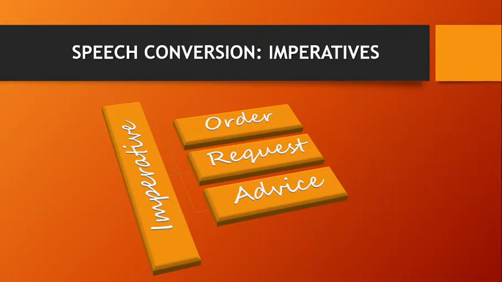Now, when we are in this part, remember the most important part in speech conversion is the reporting verb. Now, we are using a reporting verb in the direct speech. When we are converting it, we can use the same thing and sometimes we use something different. Now, the most various options of this reporting verb come into play in imperative sentences.